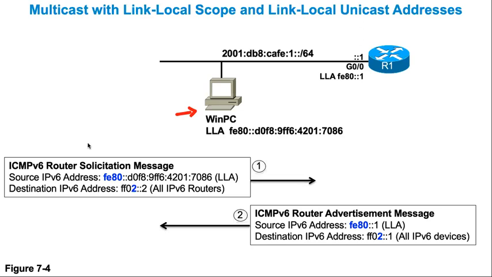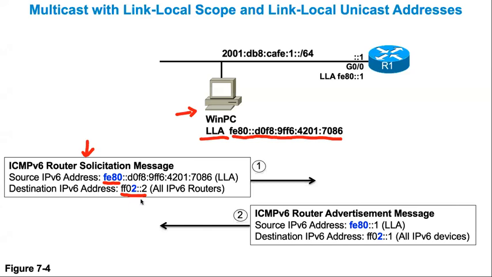That's what a router solicitation message does. And as we can see here, it is sourced from a link local address. That's a unicast address. So that comes from this device's link local unicast address. But the destination address is a multicast with link local scope.